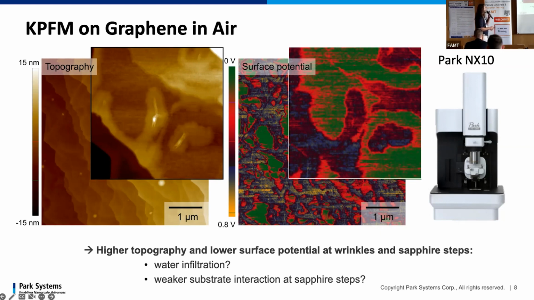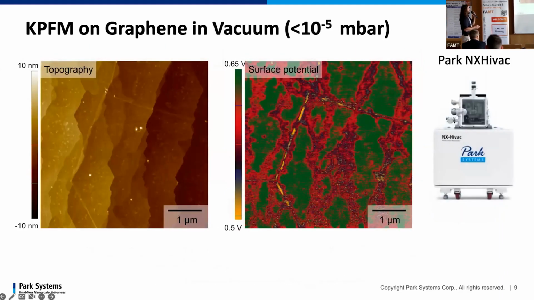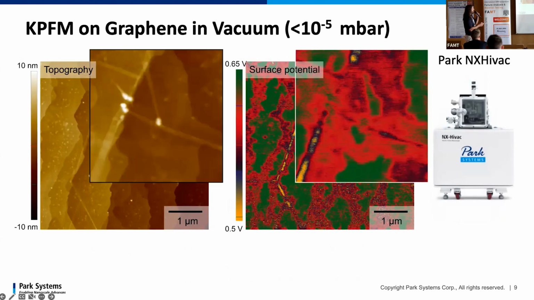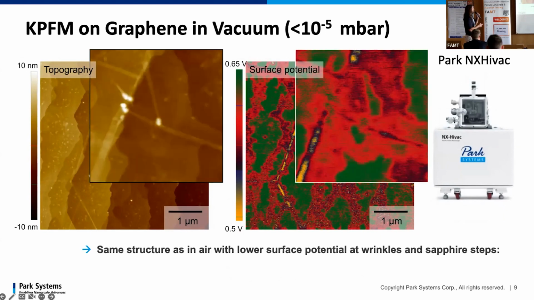So to get rid of the influence of water, we conducted this kind of measurement in an additional setup using our Park NX HiVac, which allows us to easily conduct measurements at pressures below 10 to the power of -5 millibar. We again focused on these regions where we saw those wrinkles, zooming in, and we found the same features: elevated features that show lower surface potentials. We could basically verify that the contrast we are seeing is not only caused by water infiltration.